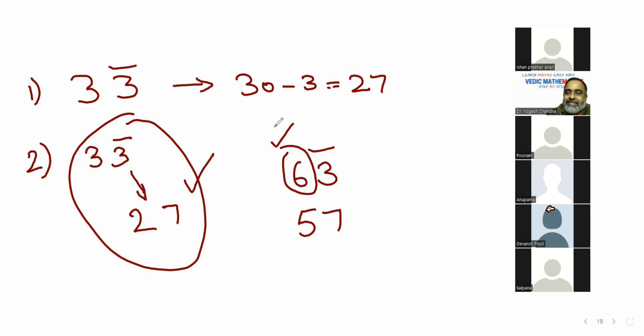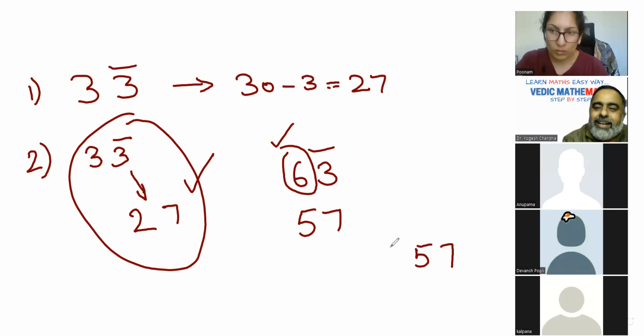Okay, sir. It totally, because now see, 57, if I convert 57 to that, 4 bar 1, now you got it.